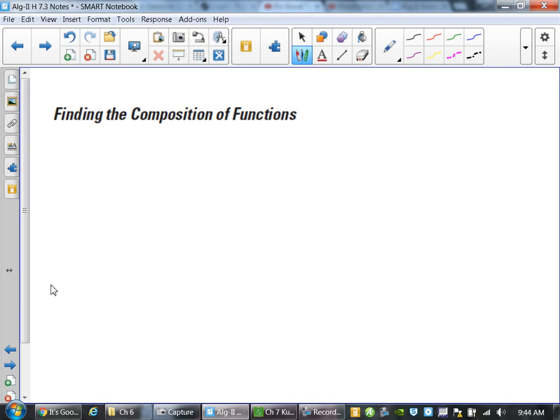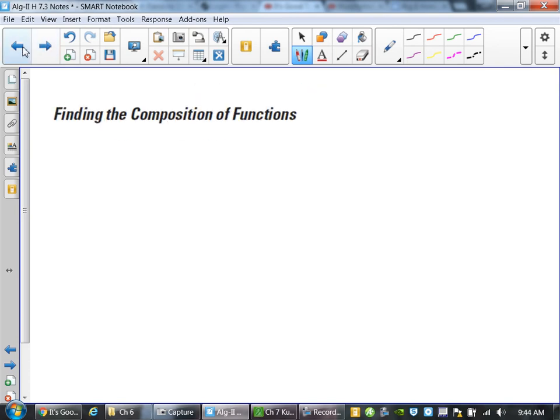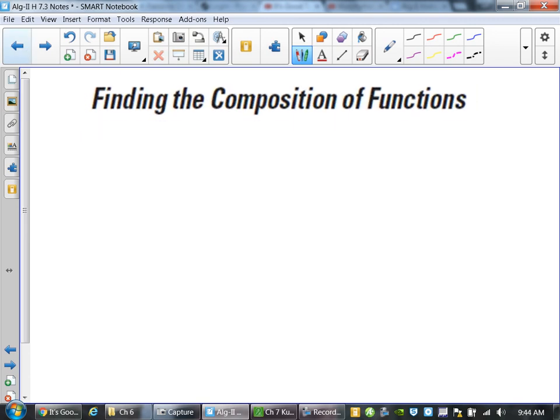Because this is composite functions. You have probably seen this written a little bit differently.